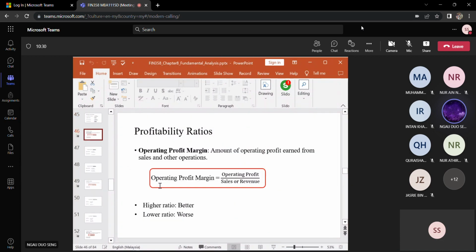We're going to start from profitability ratio. Okay, betul lah. So we wait for another minute, then we can start.